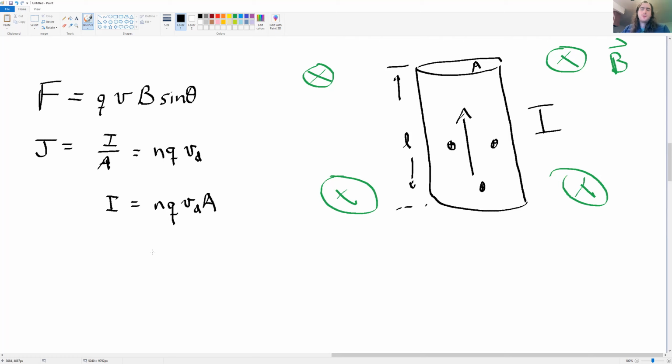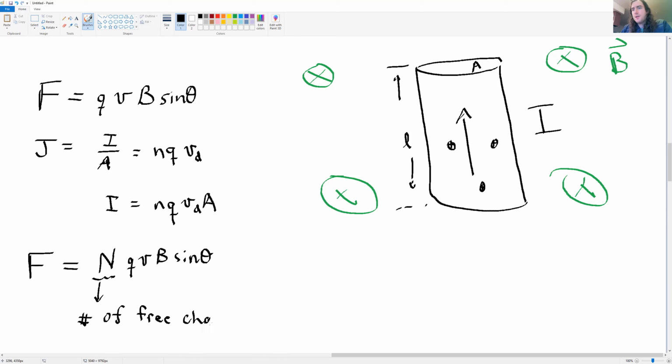Now, if I want to express the Lorentz force in terms of current, then the first thing I have to realize is that I have some number of charges, N, in the wire, and each one of those charges will experience a force due to the magnetic field. So this right here is the number of charges, free charges. So each charge experiences a force.